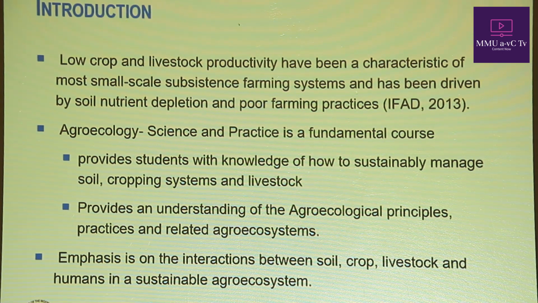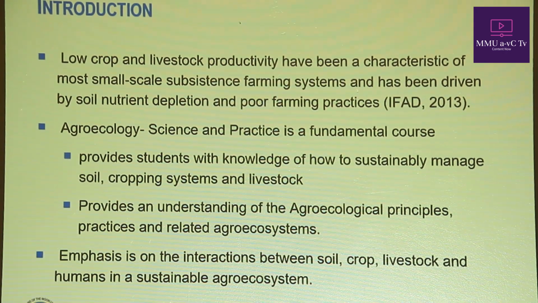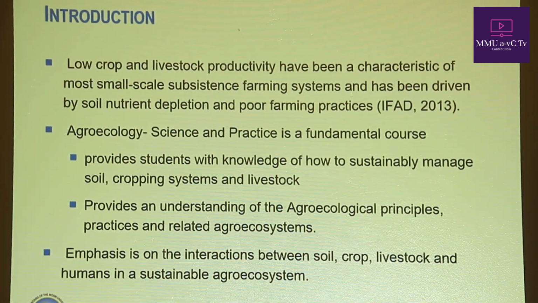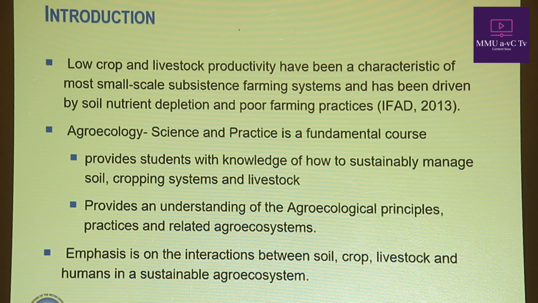So looking at the link between science and practice is actually the main call for this course. And agroecology in broader sense has been referred to be a science and a practice, and therefore it's a fundamental course for any agroecologist to know the science and the practice. Although these are not actually separate terms, the other is feeding into the other.